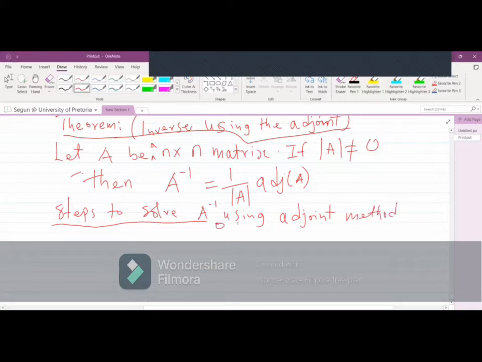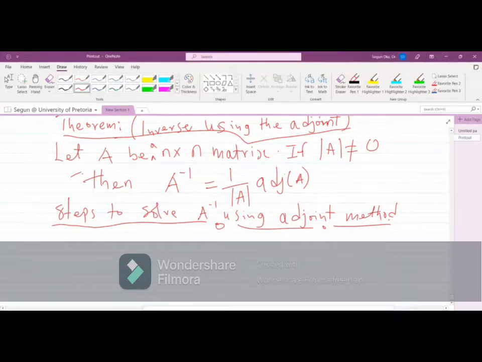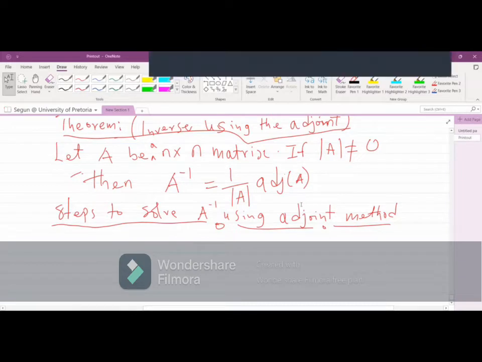For those of us that have done matrices before, have you done something on inverse matrix? Yes, sir. So I may not solve it, right? Some of us have not. This is my first time of doing matrix. This is your first time, okay. How many of us is the first time?